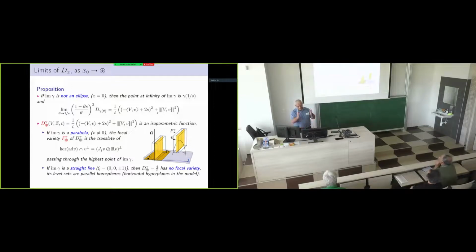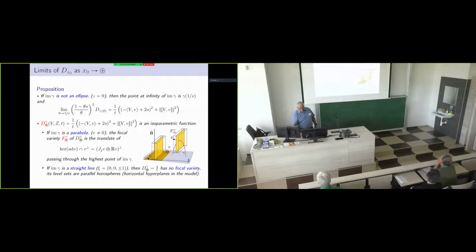It will have a focal surface, but the focal surface for this is not a downward-looking elliptic paraboloid like in the ordinary case. From the outer view, it will be a linear subspace, or an affine subspace, within the upper half space.